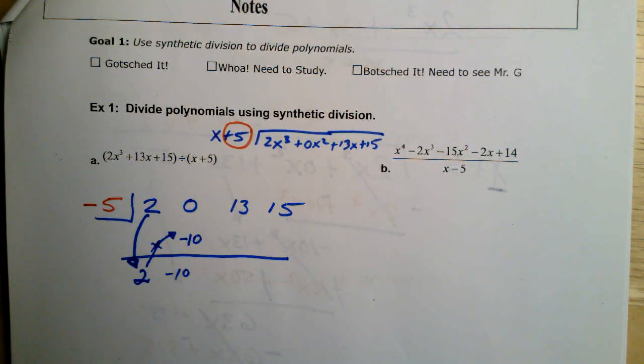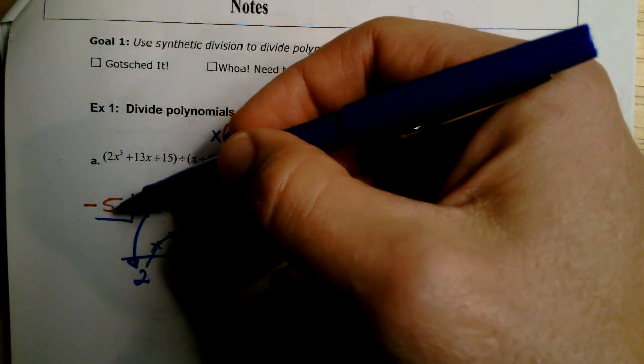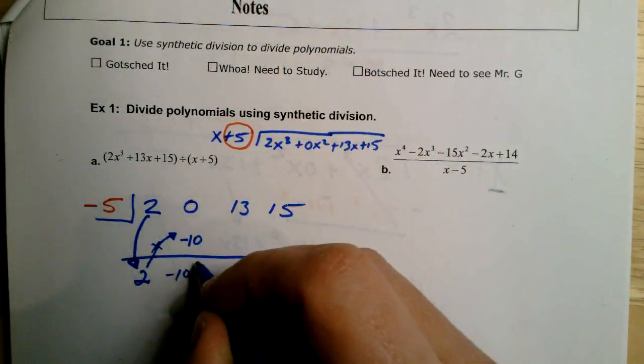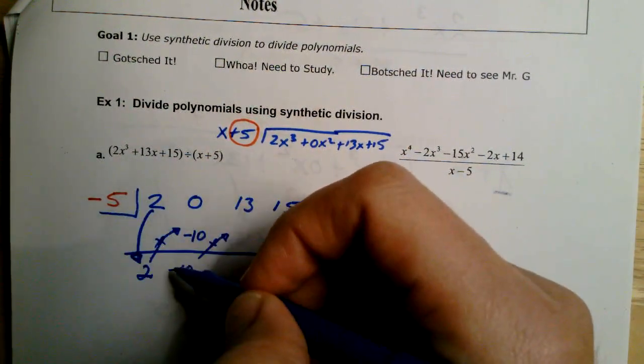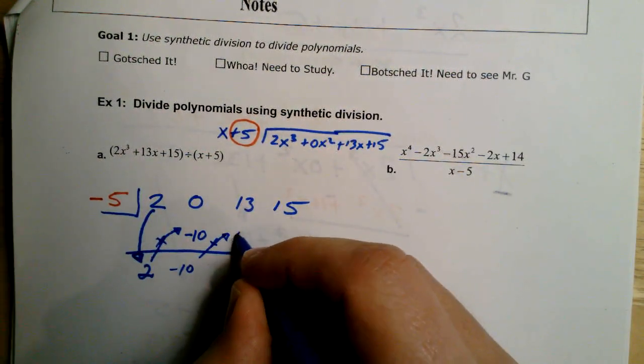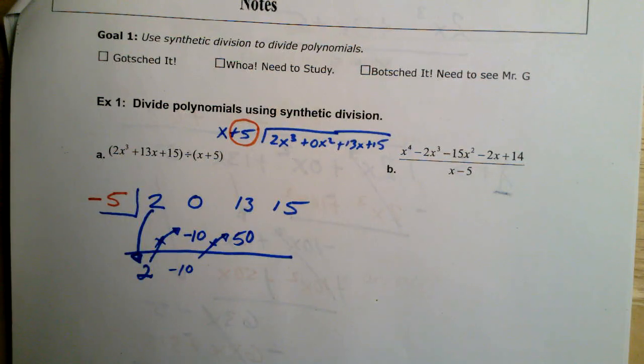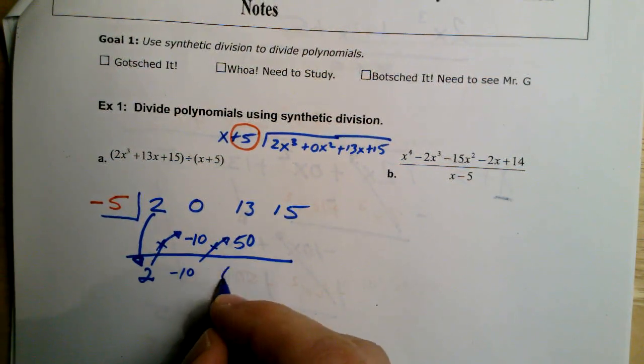So far, so good? I multiply again. So I got -5 times -10. So as I go here, that's multiplication. Negative times a negative is a positive. 5 times 10 is 50. And then I add down. That's 63.